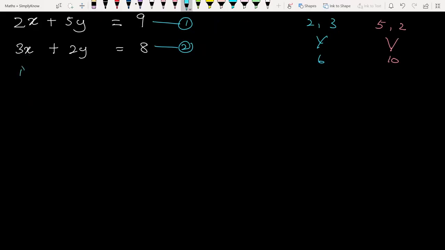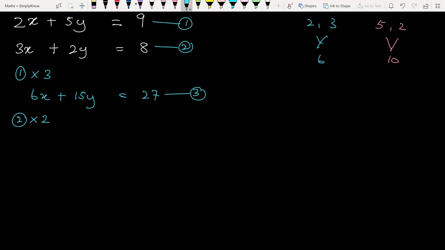So first equation, I need to multiply by 3. 2x times 3 is 6x plus 5y times 3 is 15y equals 9 times 3 is 27.